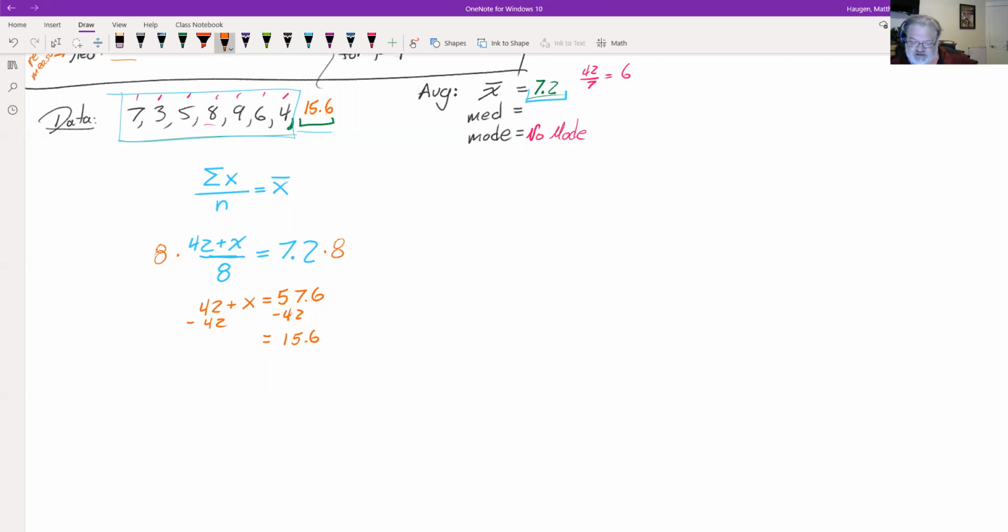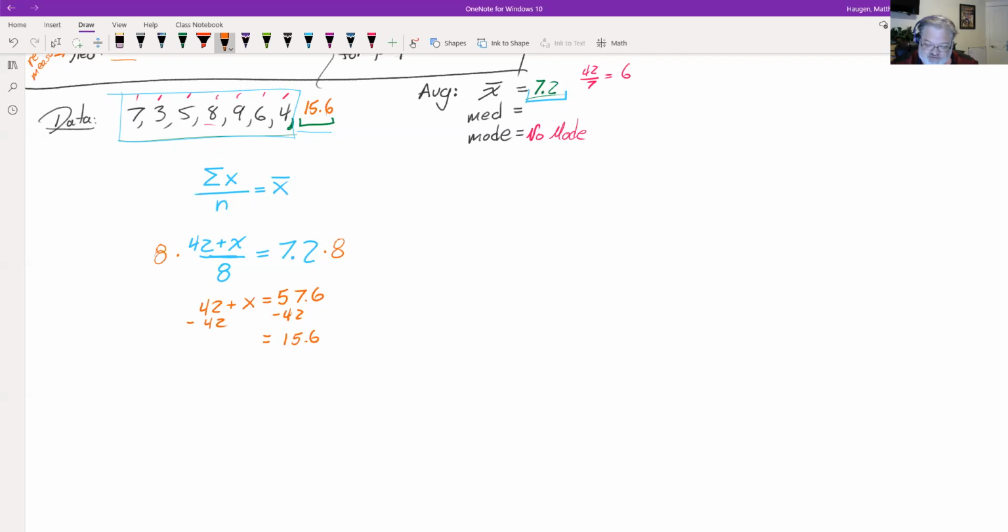Is that going to change our mode? It had the potential. If it came up as one of our other numbers, then it could suddenly give us a mode, but that doesn't match any of our other numbers, so it's not a mode. Is it going to change our median? At least potentially, right?